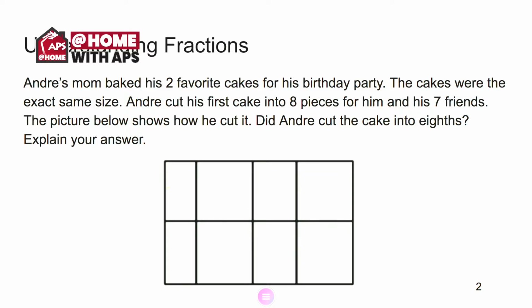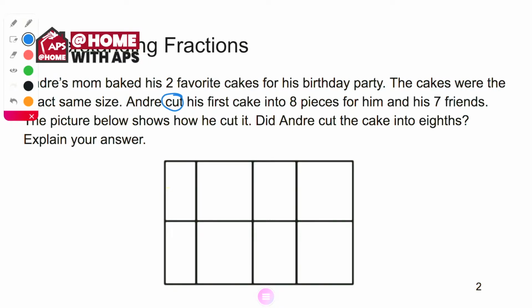Did Andre cut the cake into 8ths? Explain your answer. So first off, let's circle what information we have to help us solve this. Well, he cut the cake, right? So I'm going to go ahead and circle that. Because even though it is not a number, it is very important to the information we need.